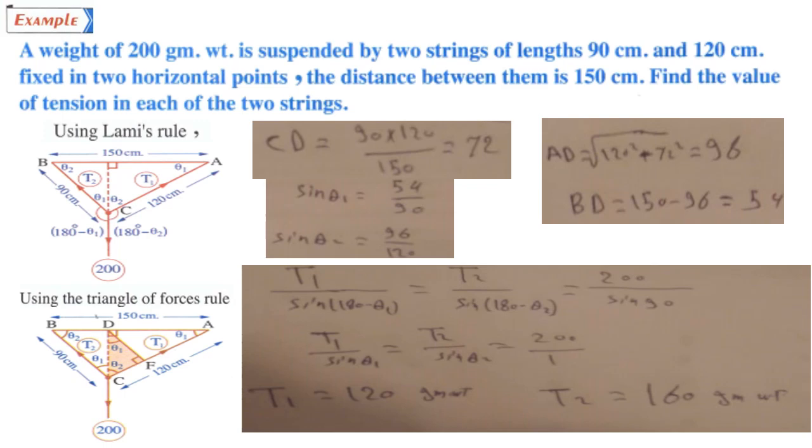DC is the side acting on the force of 200, and CF is the side which acts on the force T1, and FD is the side which acts on the force T2. We can find the lengths CD, DF, and CF, and we can apply the triangle of forces to find T1 and T2. We can try this.